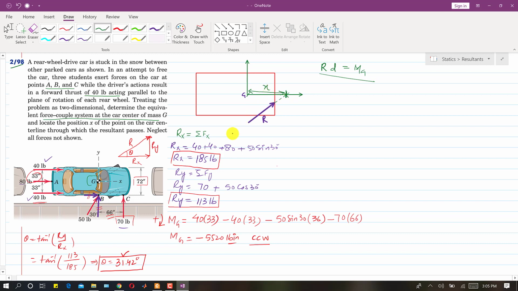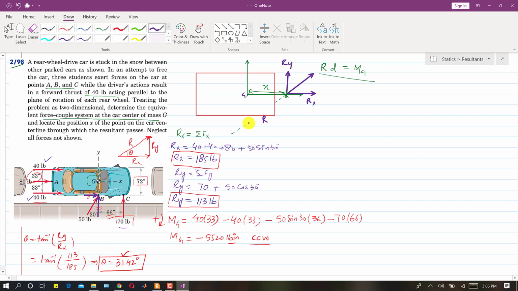So we will move this R along the line of action and place it here, and we will resolve it into its components. This will be the horizontal component Rx, and this will be Ry.